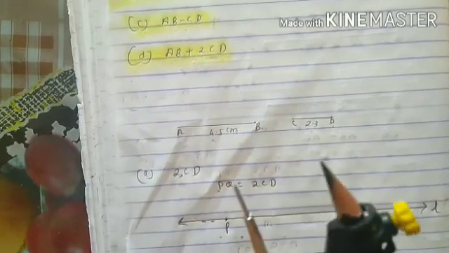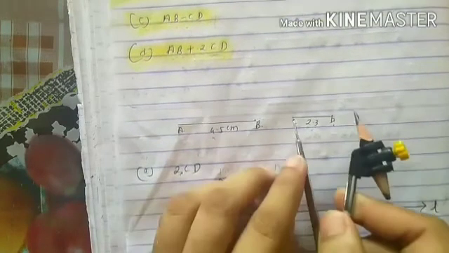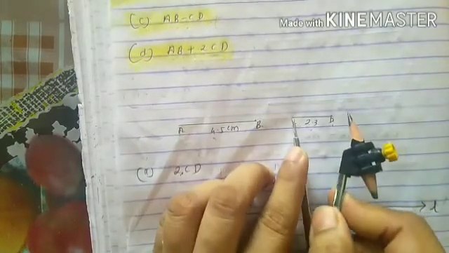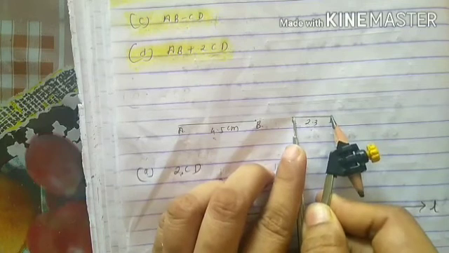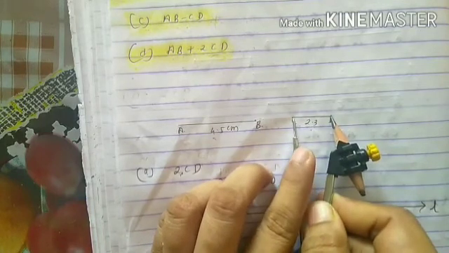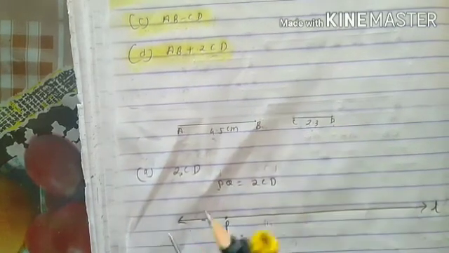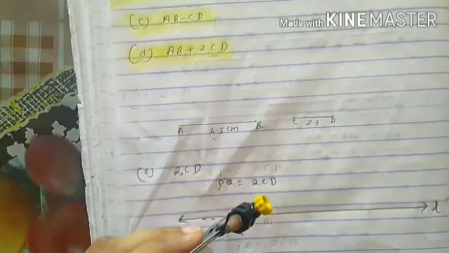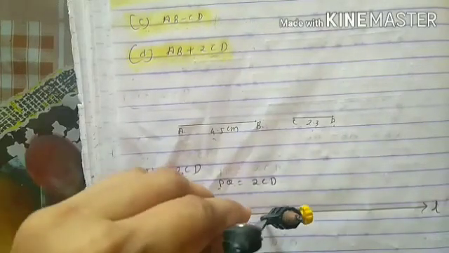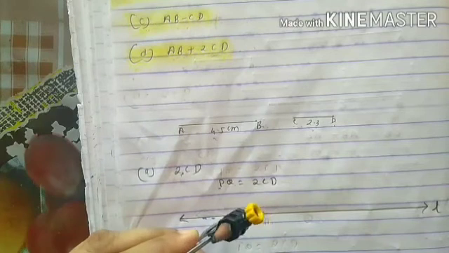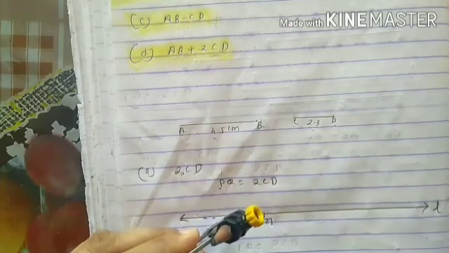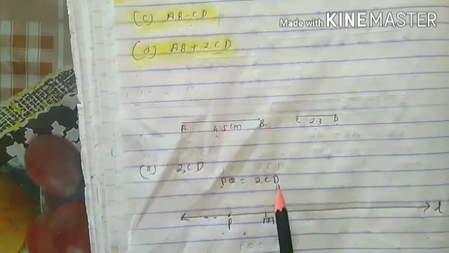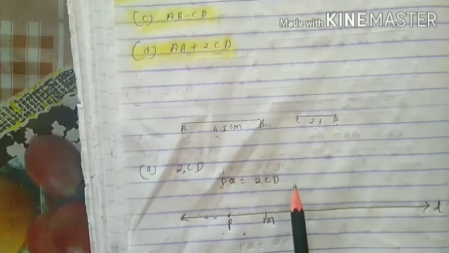So for this, open the compasses, keep the metal point at C and pencil point at D. Like this. Without disturbing it, keep it at P. Draw an arc, give it the name M. Here we have to construct 2CD, meaning CD plus CD.